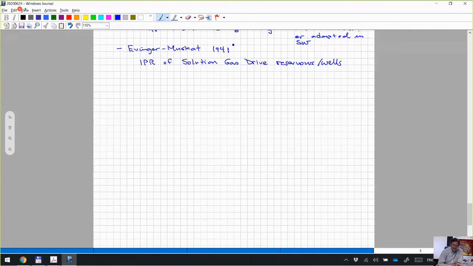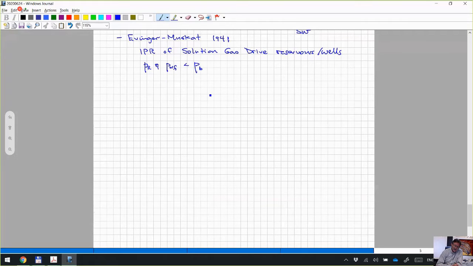And so, basically this is for when reservoir pressure and flowing bottom hole pressure drop below the bubble point. Okay.